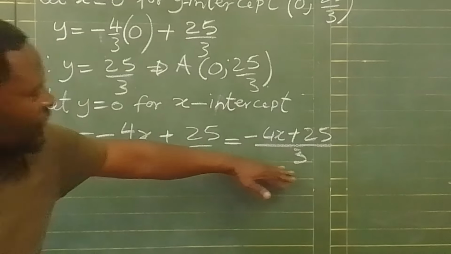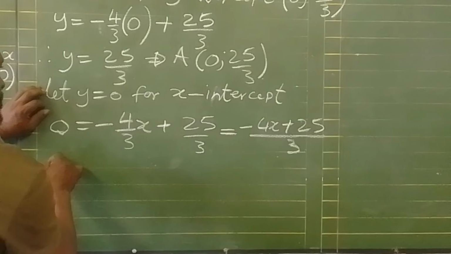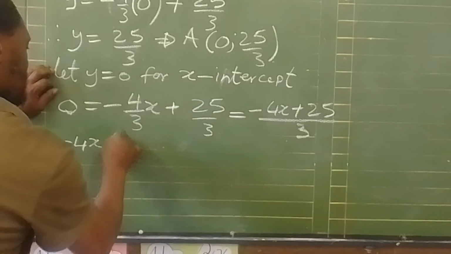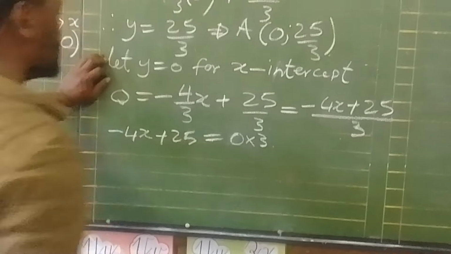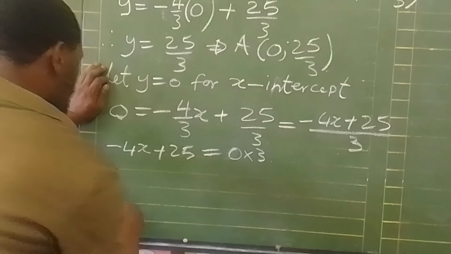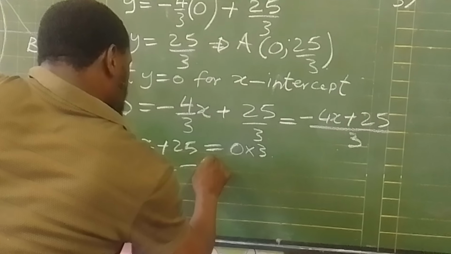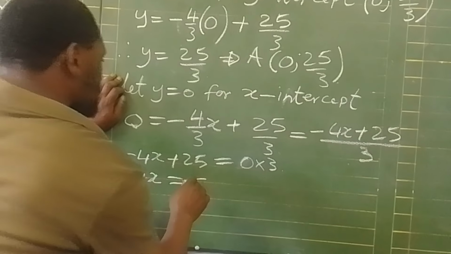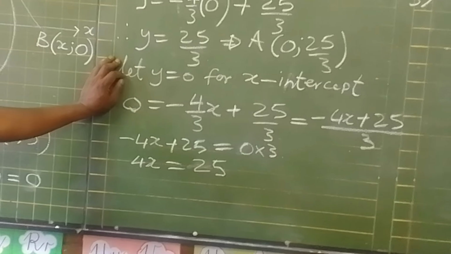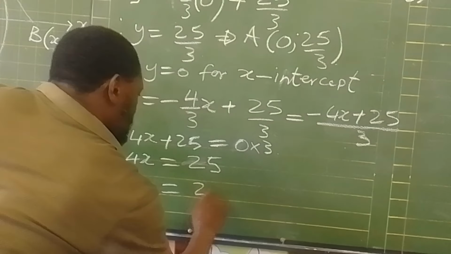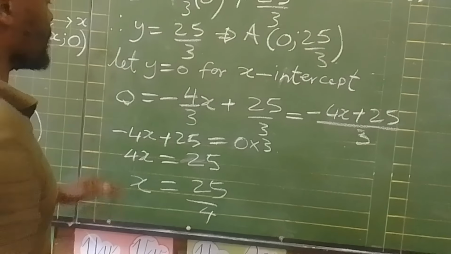Now you take this 3, you cross multiply it over to 0, you find that minus 4x plus 25 is equal to 0 times 3, which is 0. Then 4x is equal to 25. Then x is equal to 25 over 4.